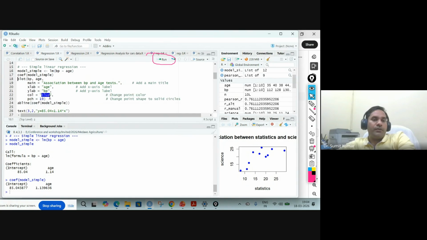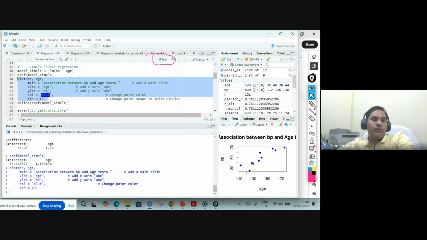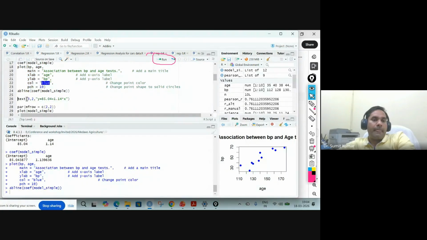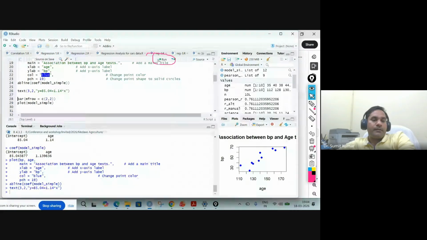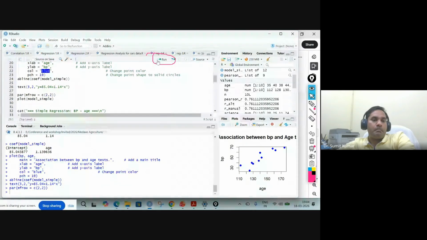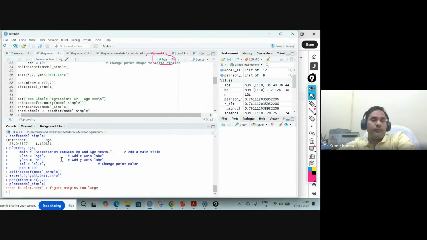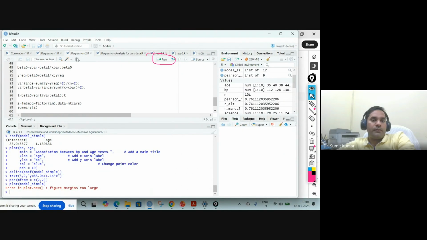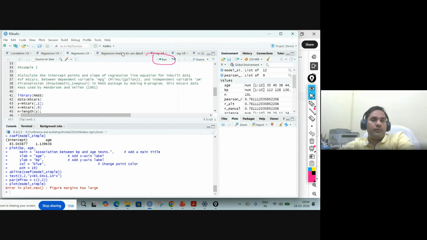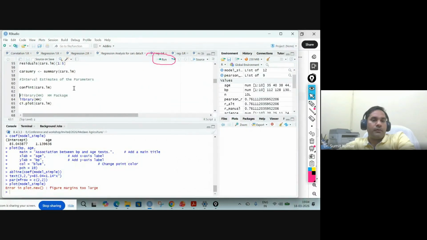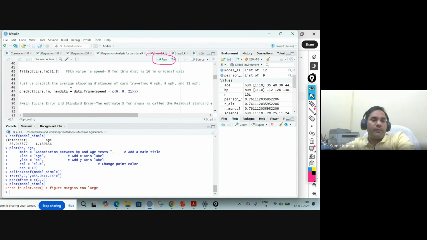Then if you want to plot this one, plot, abline, fitted. Just hold a second. Some problem is there.